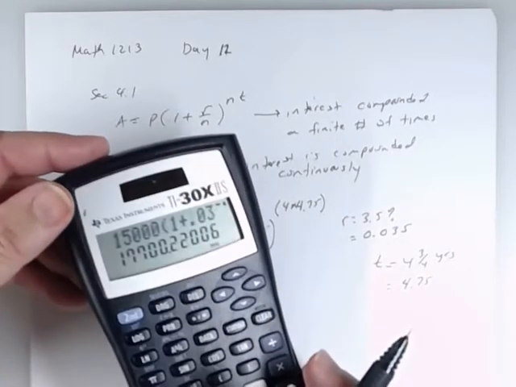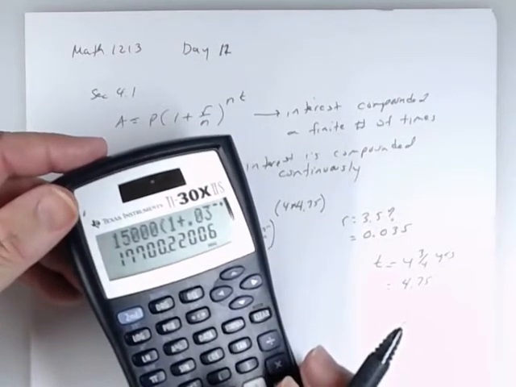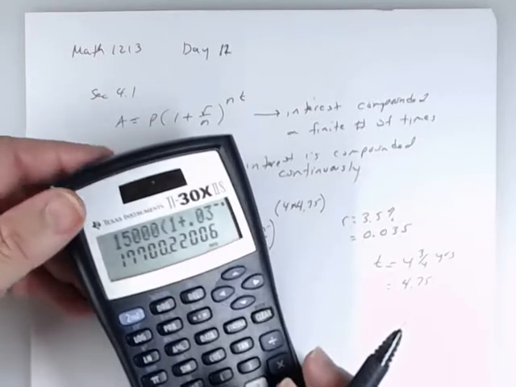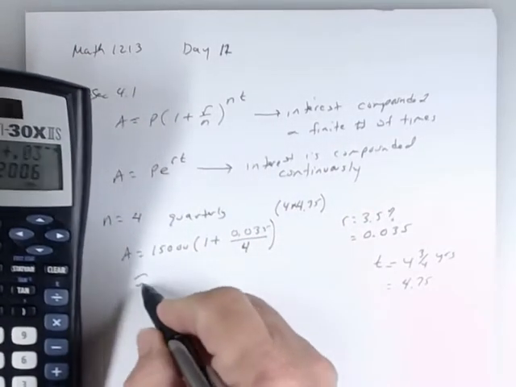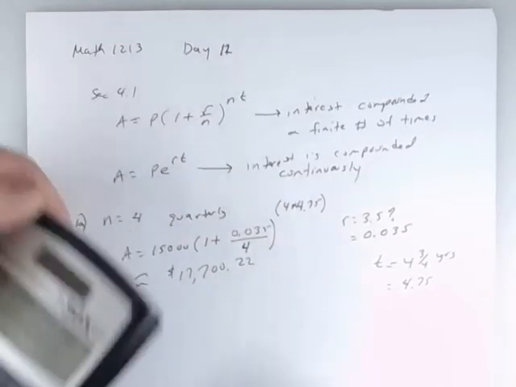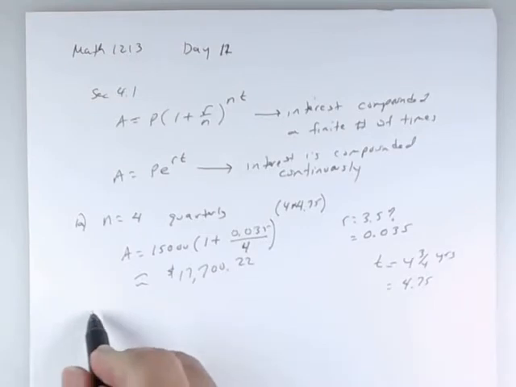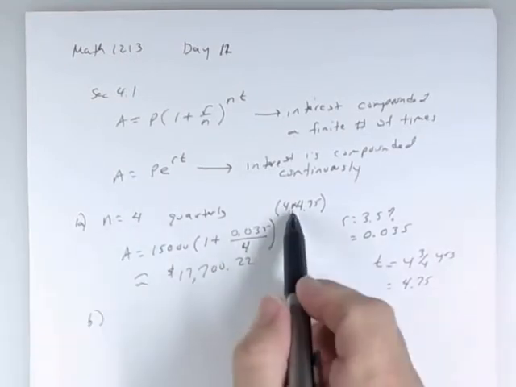to the nearest cent. What would that be to the nearest cent? 2 decimal places, round off, 0.22. So $17,700.22. Okay? That was part A. 4.75, that's times.